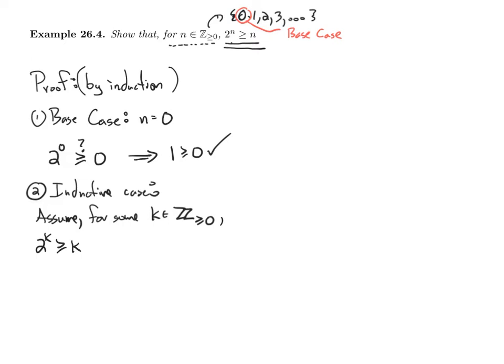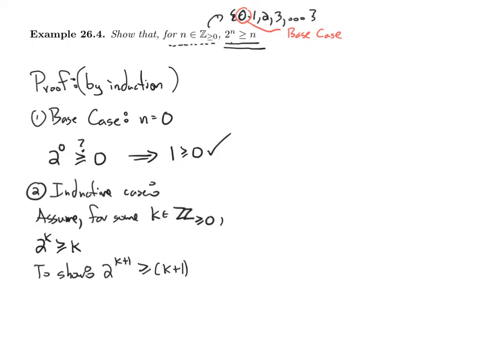So when n equals k, we're going to assume it's true, and we want to show that it's true when n equals k plus 1. So to show, we want that 2 to the k plus 1 is greater than or equal to k plus 1.